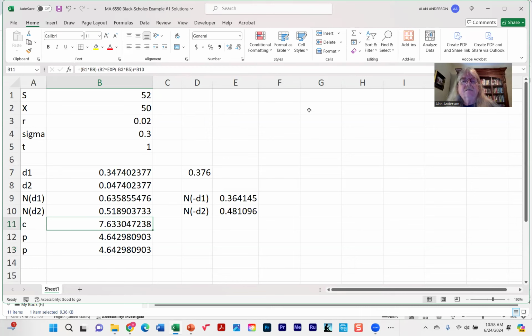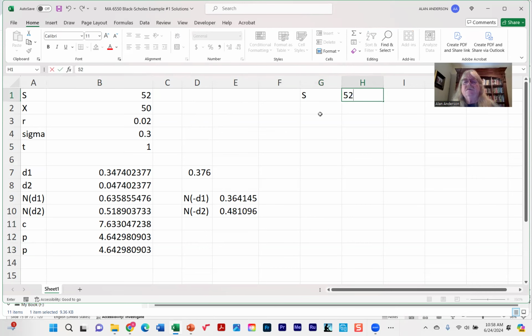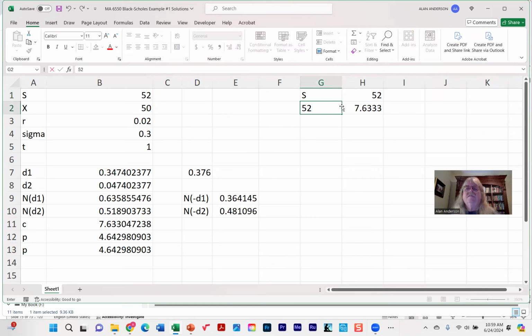The call price when the stock is 52 is approximately 7.633. What if I raise this by $1? Actually, let me organize this a little differently.